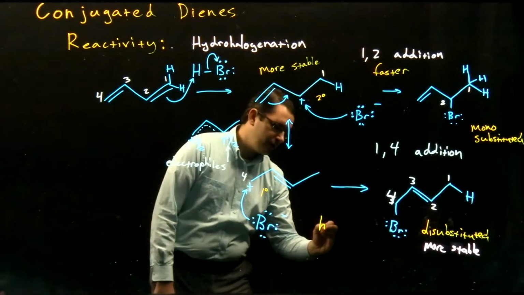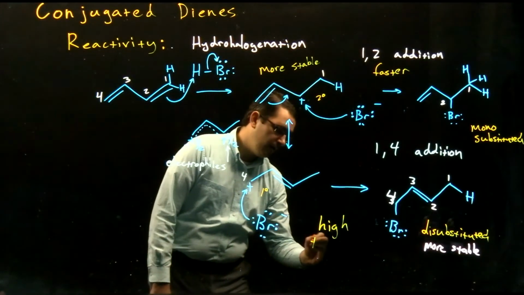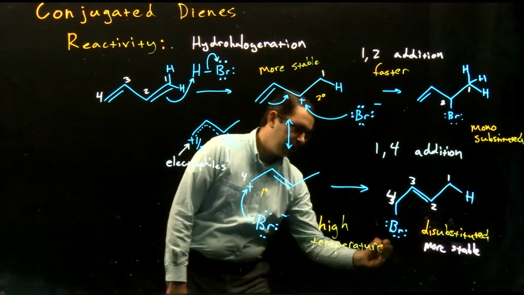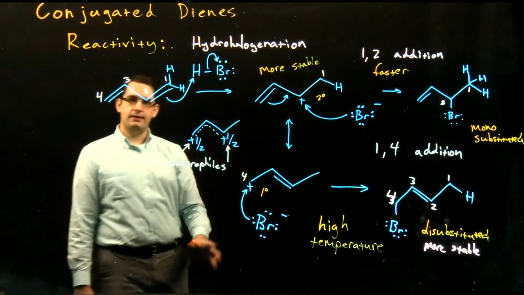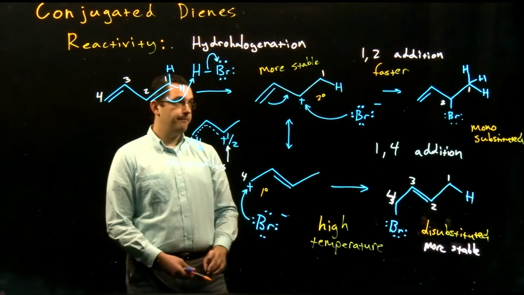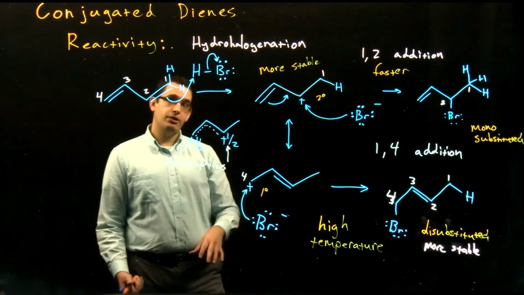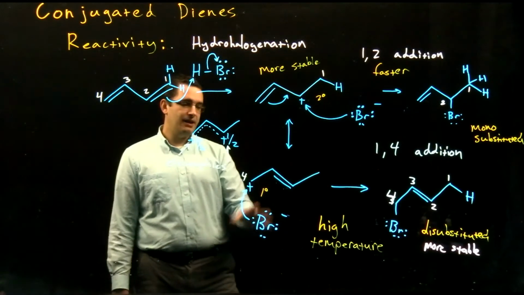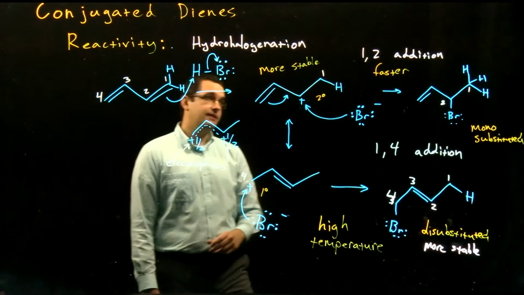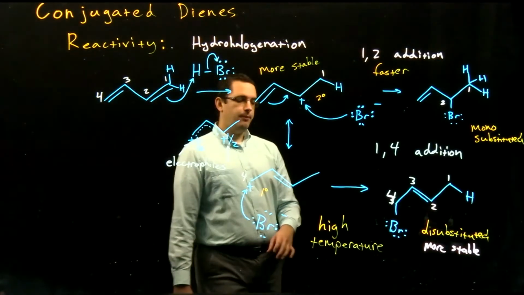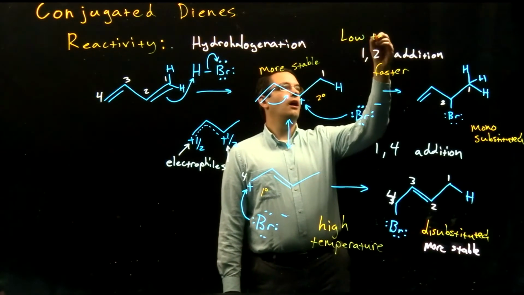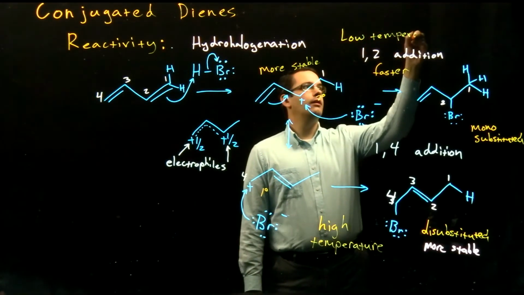So at high temperatures, when we have lots of energy and don't really have to worry about our reaction getting slowed down by that unstable intermediate, we're going to prefer our 1,4 addition. If we have lower temperature, we'll have less energy, and so it's going to be even harder to get over that higher barrier that we have for our less stable intermediate. So at that point then, at lower temperatures, we're going to prefer our faster reaction. Right?